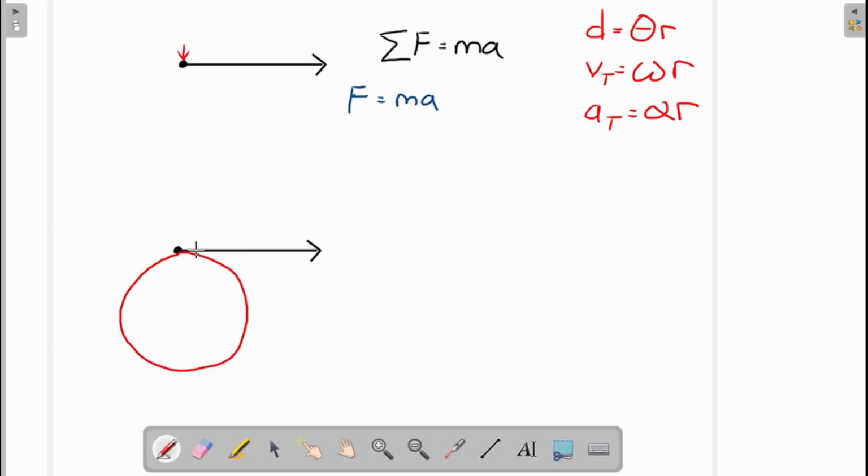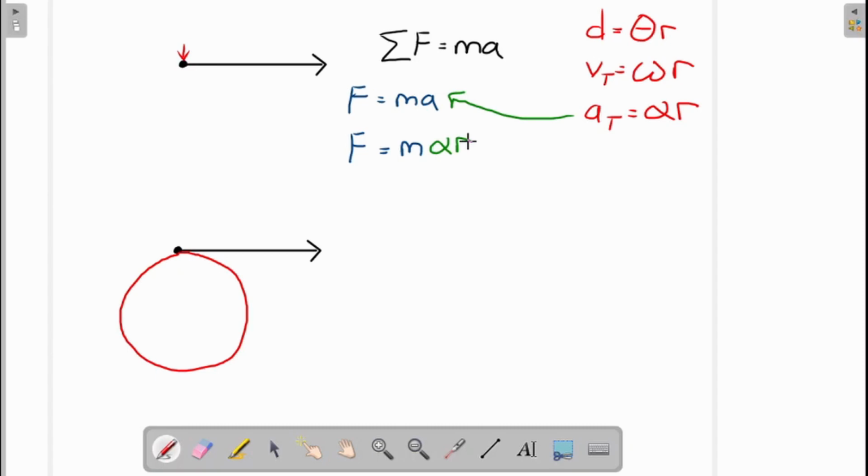When we move this into talking about rotational reference frames, we replace the a with alpha r. Now, this has to be a perpendicular acceleration. Why is that relevant? We'll get to that in a little bit, but the fact that it does have to be a perpendicular acceleration tells us something going down the road. So I replace the a with the alpha r, and I get something that's not particularly useful.